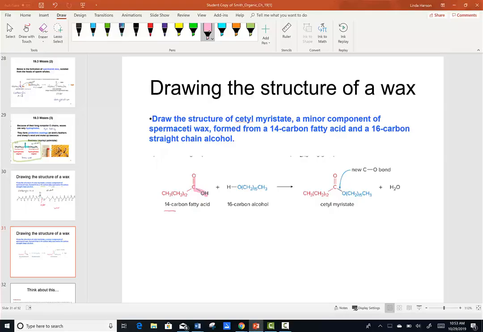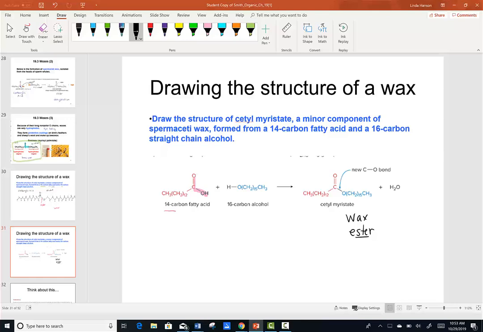And when it combined with the alcohol that had 16 carbons in it, we formed a general wax formation, and we understand that waxes are a type of ester. So just an opportunity to recheck what we drew on the first page.